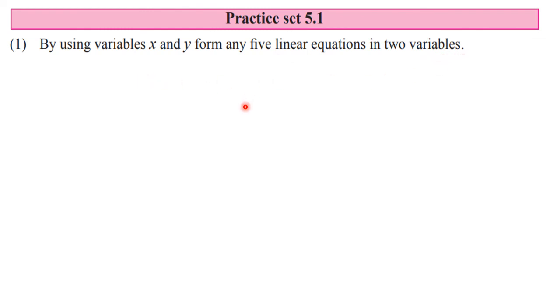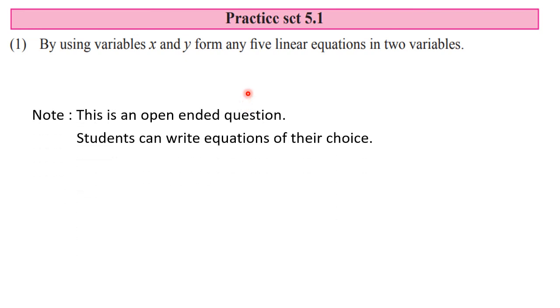You can write down any 5 linear equations of your choice, taking x and y as variables, like x plus y is 2, x minus y is 5, whatever you can write.